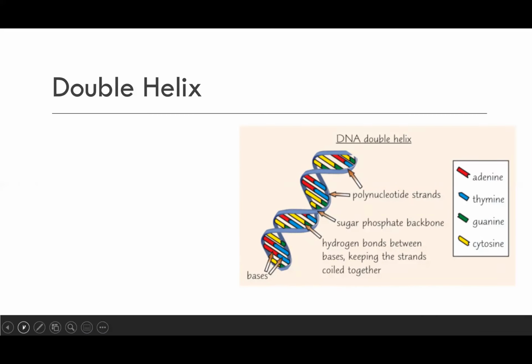DNA forms a double helix. It's made up of 2 polynucleotide strands. And the 2 strands spiral together to form a double helix structure, and that's held together by hydrogen bonds. Each base can only join with one particular partner.